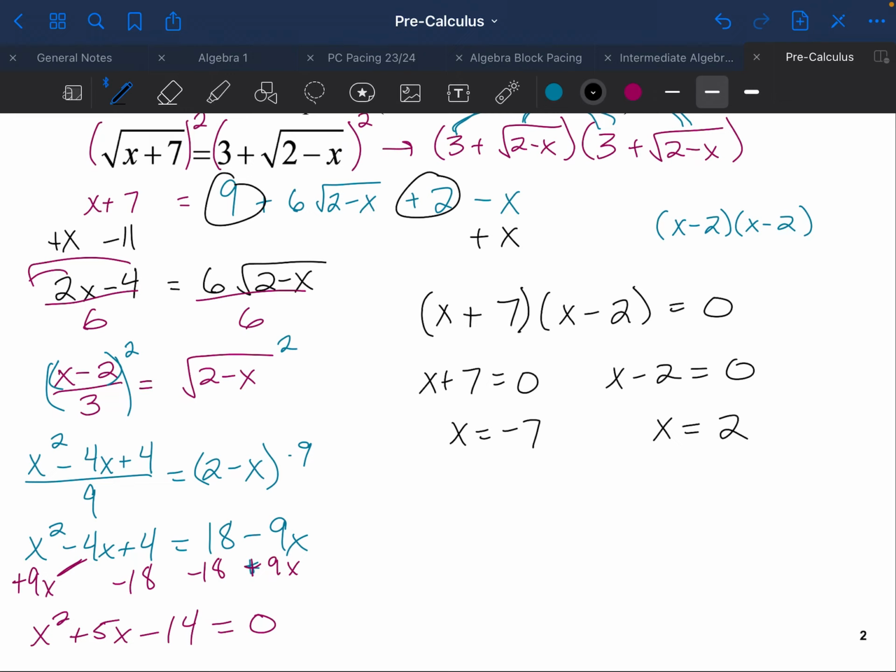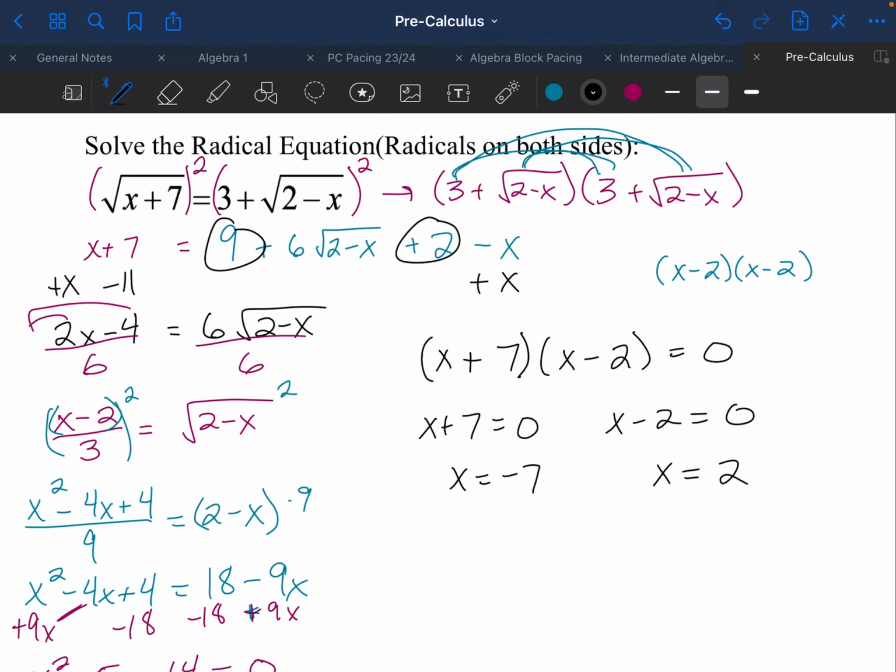Except what's really fun about these is that we're not actually done. I hate these. Because when we squared both sides, and especially because we did it twice, we introduced some issues. There's a potential for getting a negative under the square root. If that happens and we don't catch it, bad things happen.